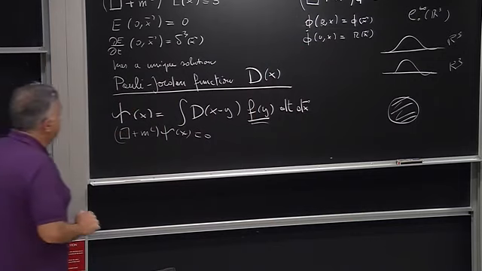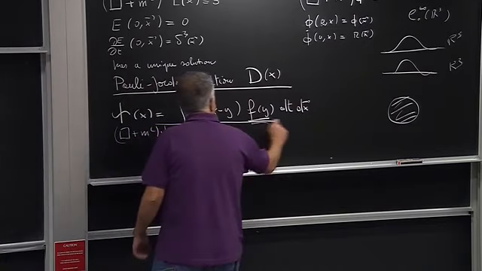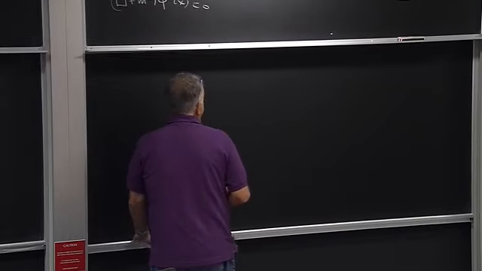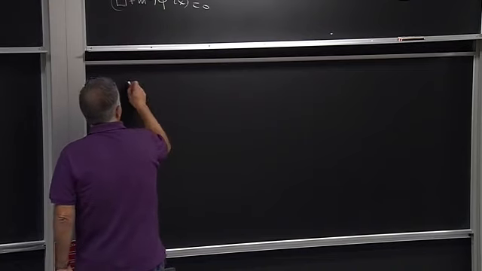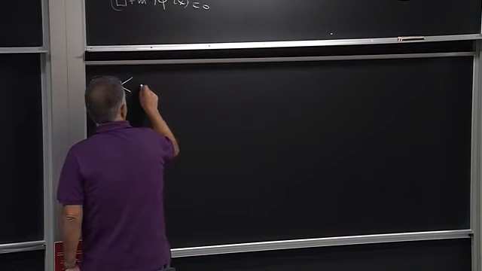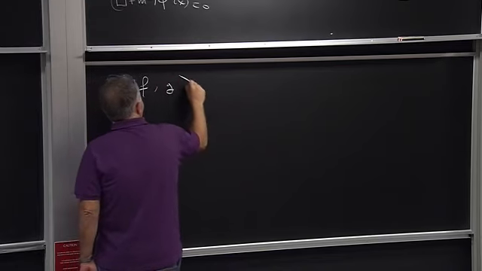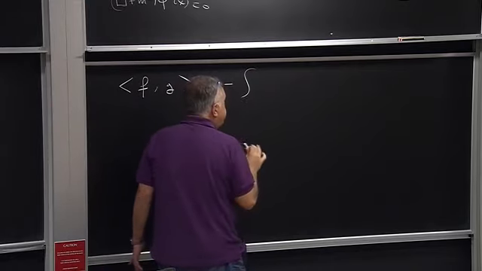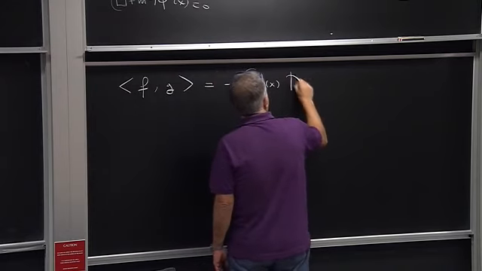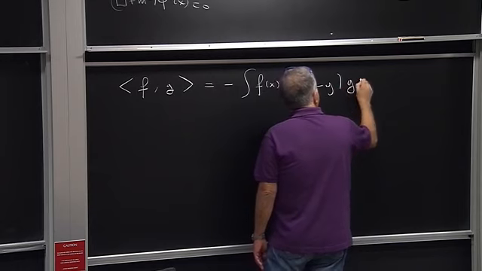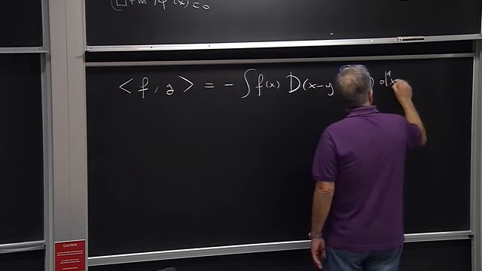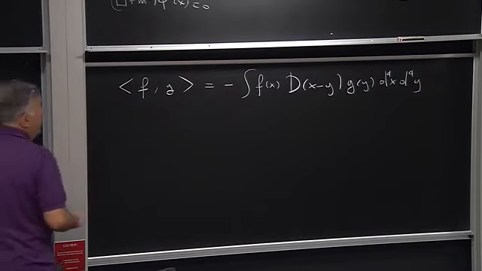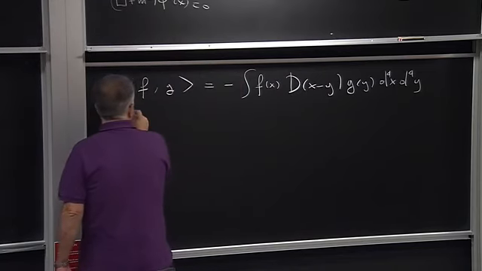This is the first important statement. The second important thing we saw last time is that if we use now the Pauli-Jordan function to set up an inner product, a symplectic product, in the space of test functions, the Pauli-Jordan function is antisymmetric, as you remind.